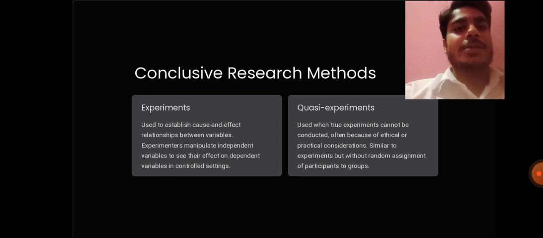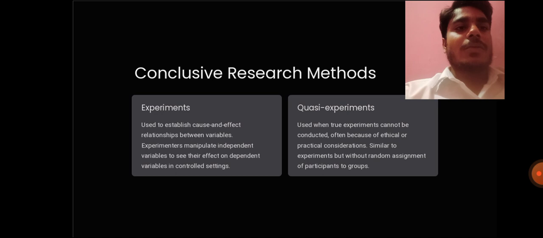In experiments, we manipulate independent variables to see their effect on dependent variables in controlled settings, which means experiments control the variables.